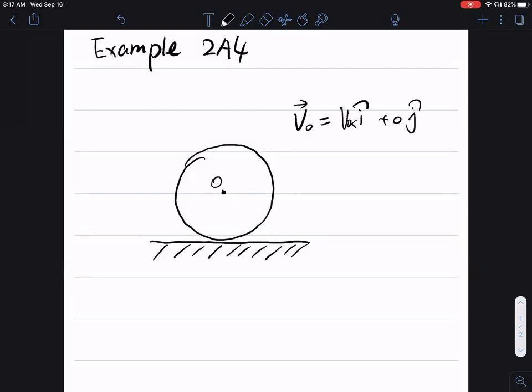So we know this wheel cannot move on Y direction at point O.